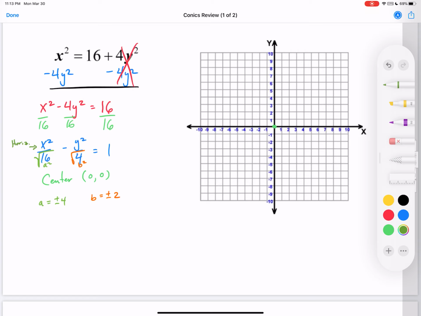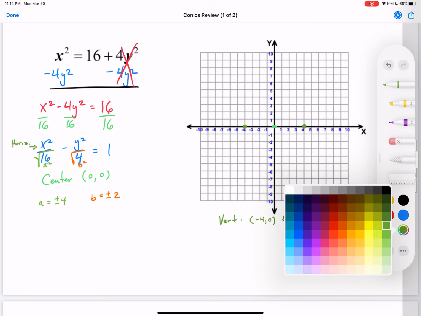So I'm going to go 4 to the right, 4 to the left, and these are my vertices. So if I had to write out the ordered pair, my vertices are located at negative 4, 0 and at 4, 0. You could also write it as plus or minus 4, comma 0.